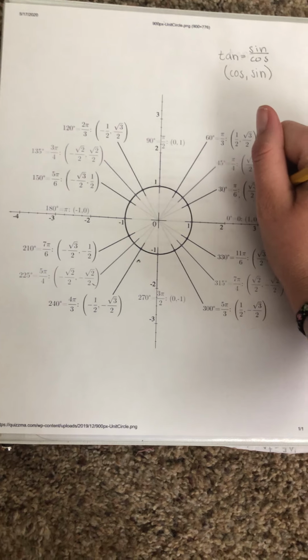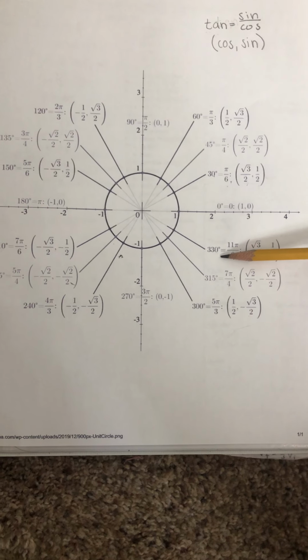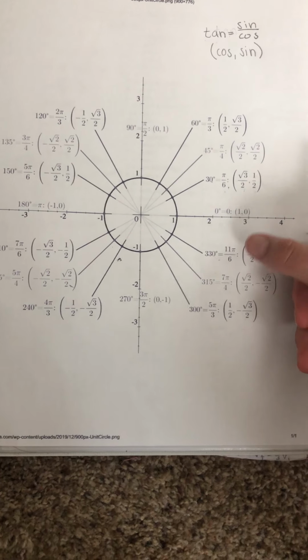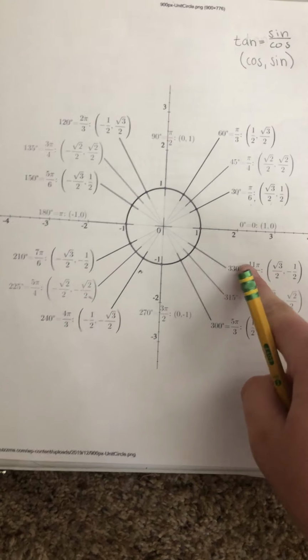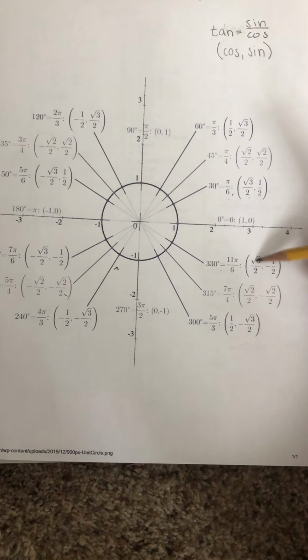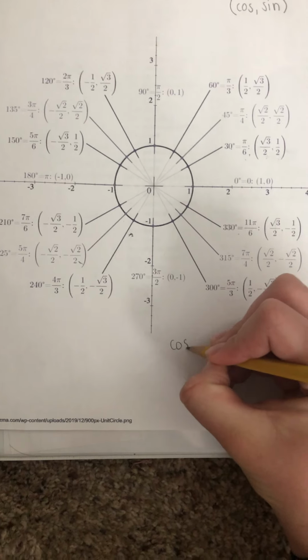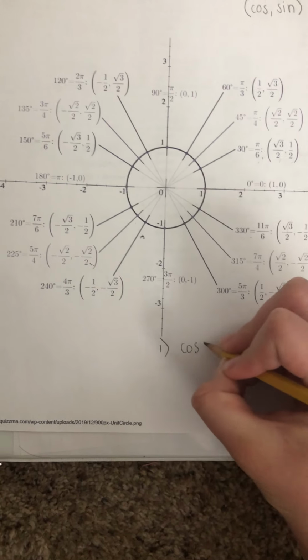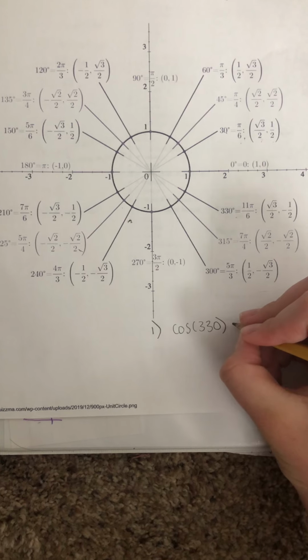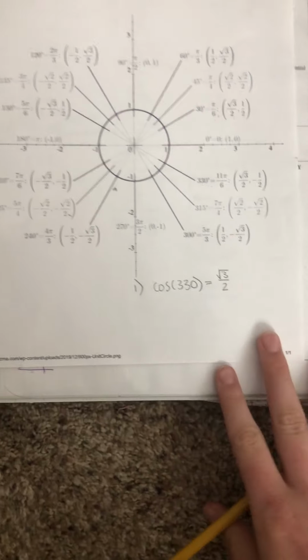So if you wanted to calculate the cosine of 330 degrees, let's say, you would look on the unit circle, you would find 330 degrees, and then you would look at the x point. So cosine of 330 degrees would be equal to radical 3 over 2.